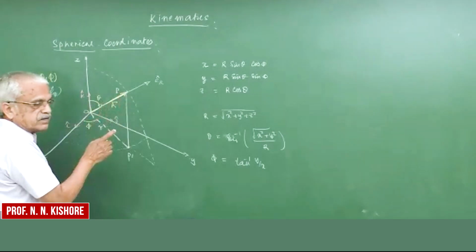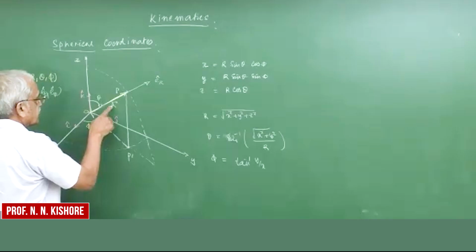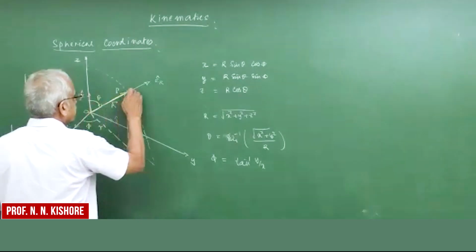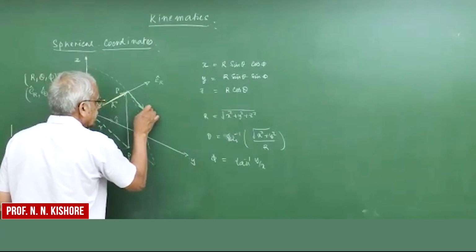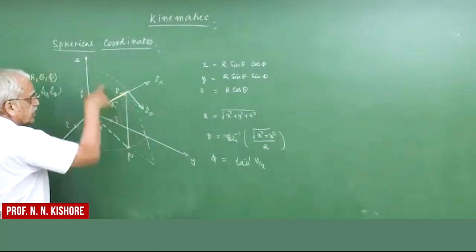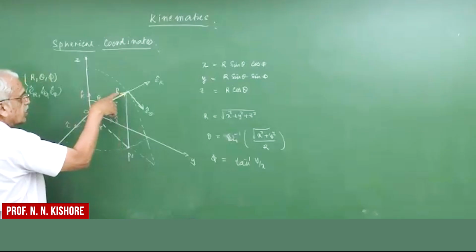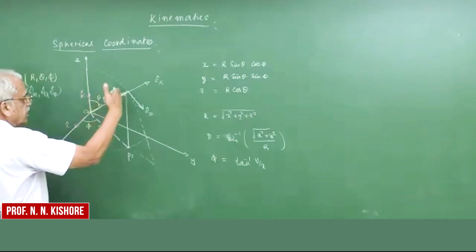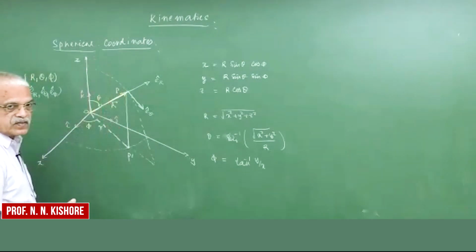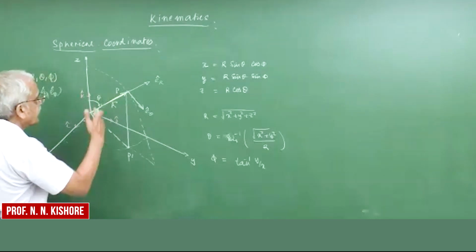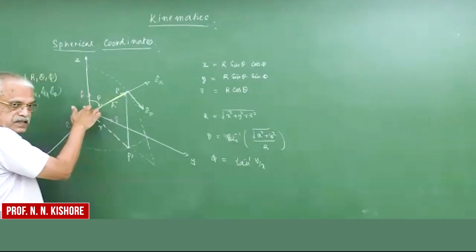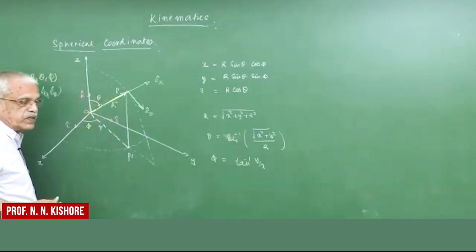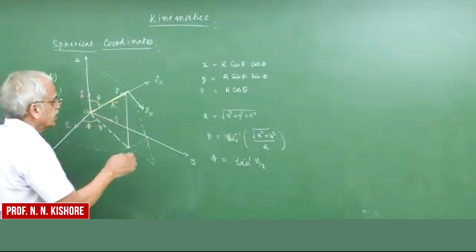So everything else is kept constant: phi is kept constant, r is kept constant, and theta is increased. So that means this is e_theta. There is a circle drawn on P in the vertical plane. So this is a vertical plane, right? Because this angle theta is measured in the vertical plane including z and r.